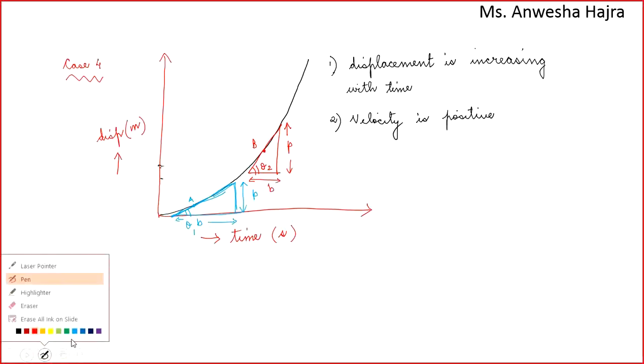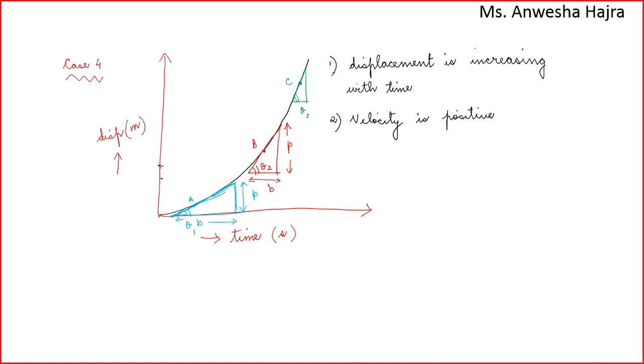Someone wants to find the velocity at this point, C. So tangent over there. This angle is theta 3, perpendicular by base.